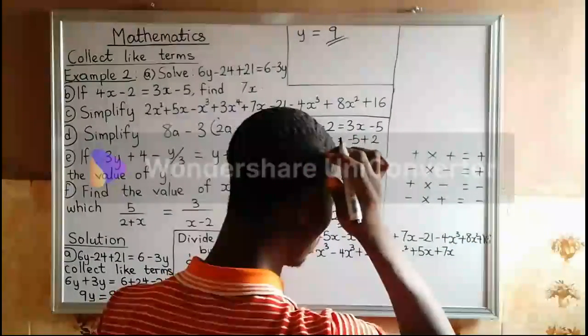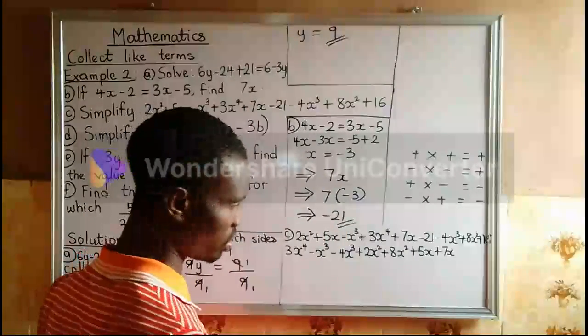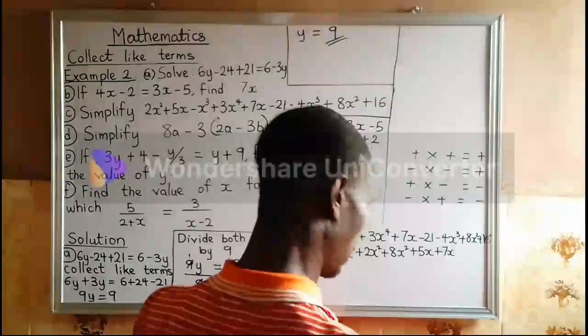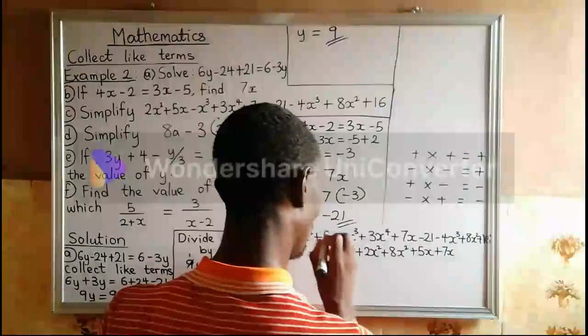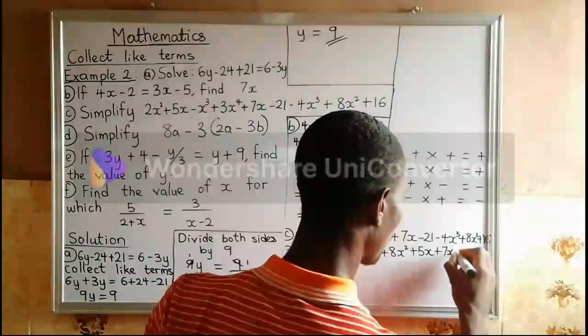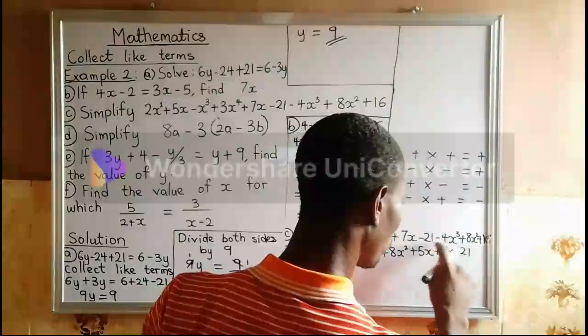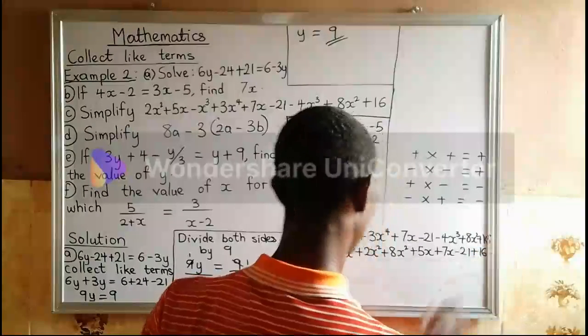Then the next one will be the ones that are just whole numbers or letters, sometimes, that are not x. X is also a letter. So this one has x, this one has whole numbers. Okay, we have minus 21 and plus 16.